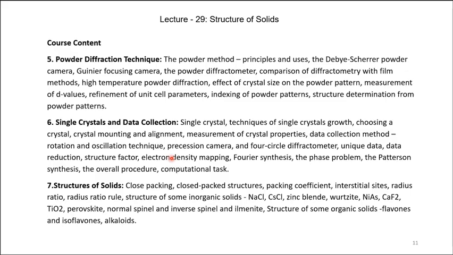All these have been discussed extensively. And then the last sections were the structure of solids, where we discussed close packing and interstitial sites and different types of compounds and their structures. And the last section was the structure of some organic solids, that is flavones, isoflavones and alkaloids.